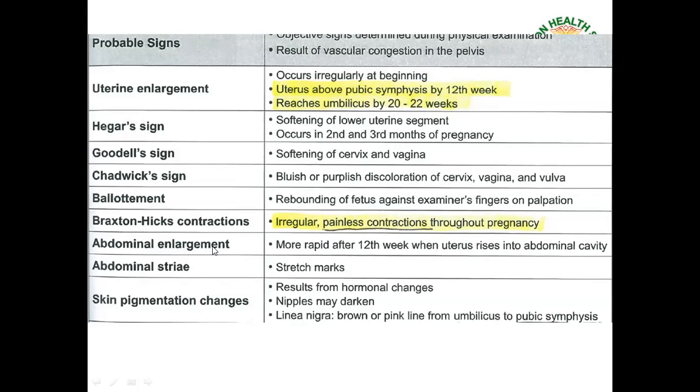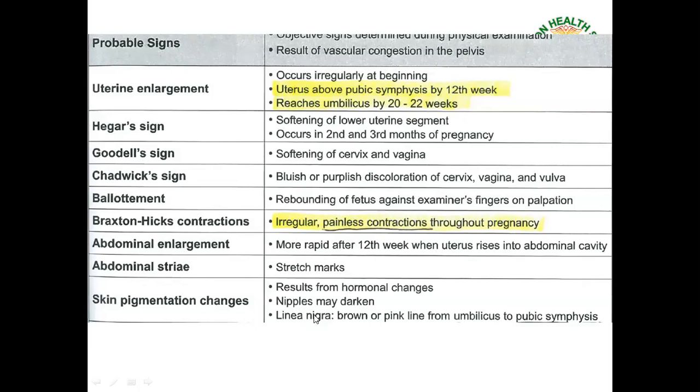Abdominal enlargement, more rapid after 12 weeks. Abdominal striae, these are stretch marks because of pregnancy. Skin pigmentation, like the nipple becoming darkened, areola bigger in size due to hormonal change, and linea nigra developed. All are probable signs of pregnancy.